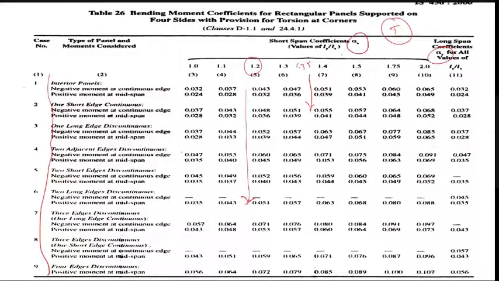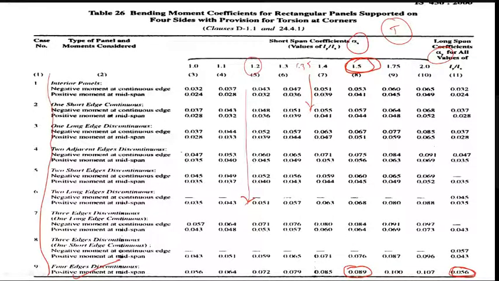See here, in this table I have got Ly by Lx as 1.5. For 4 edges discontinuous, alpha x value is 0.089 and alpha y value is 0.056. Need not do any interpolation. We have got it directly for 1.5.